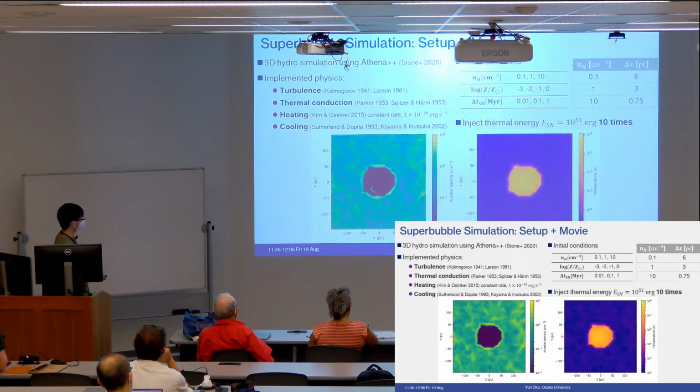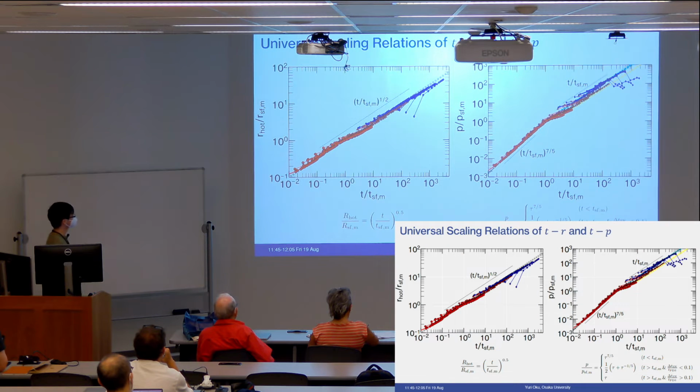This movie shows the density and temperature of the superbubble. You can see that the bubbles are growing. We ran 36 simulations and obtained the time evolution of radius and momentum of the superbubbles.